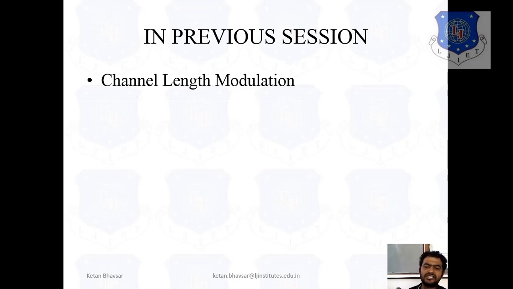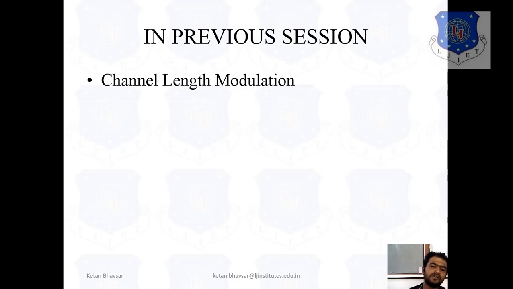We take a total channel length L, and because of channel length modulation and the pinch-off point, it became L dash, and you can see the displacement vector delta L there. Based on that we proved the drain current ID equation, and also the lambda coefficient for channel length modulation in the saturation region.